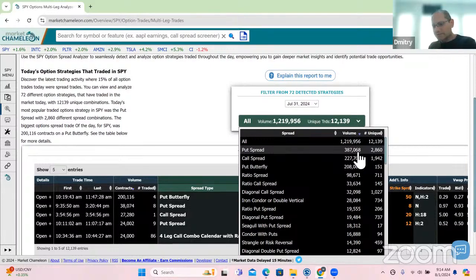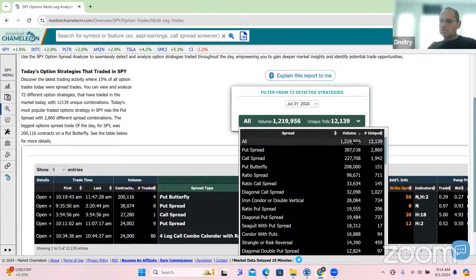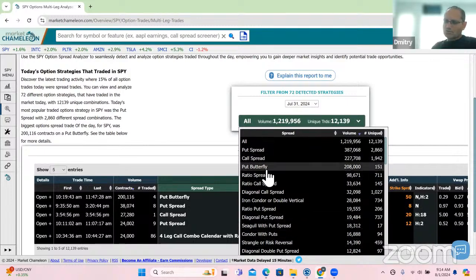So now we could get an idea of what percentage of all the 1.2 million contracts traded involved in multi-leg trades, 387,000 of them are involved in put spreads, right? So we could get an idea of the breakdown or distribution of what's popular, how people are using it, how people are trading in SPY.